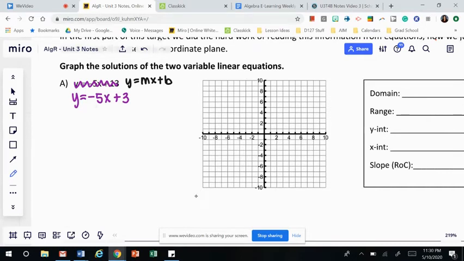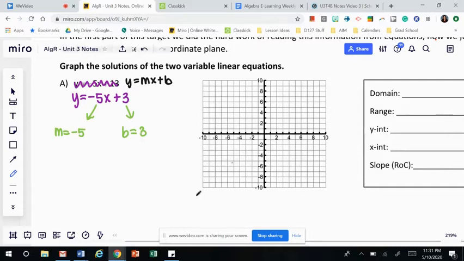Our slope is the number that's being multiplied in front of x, so that would be negative 5. And b is going to be the value of 3. So how does this help us graph our equation? Well, the value of 3 is the y-coordinate of the y-intercept.